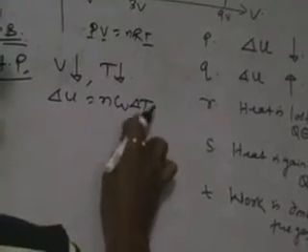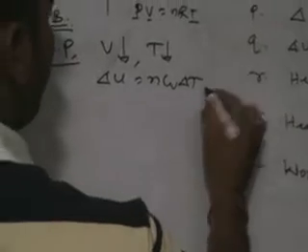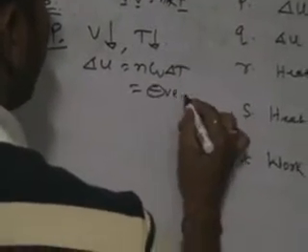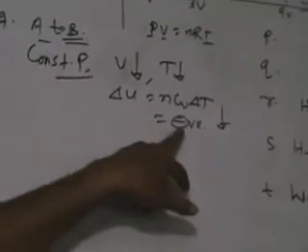As T is decreasing, Tf will be less than Ti, so delta U becomes negative, U will decrease.